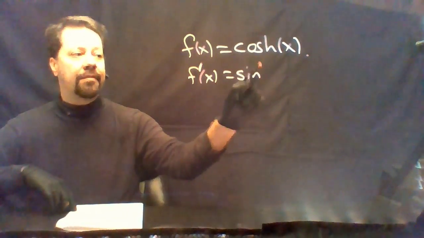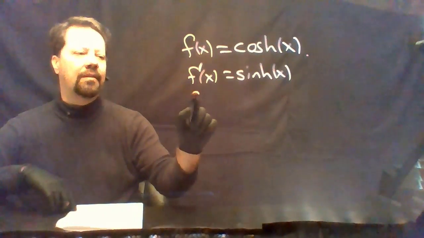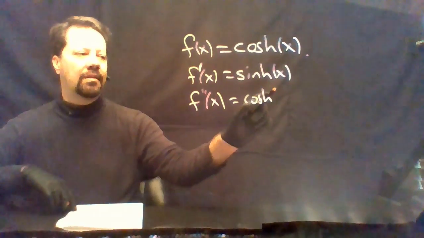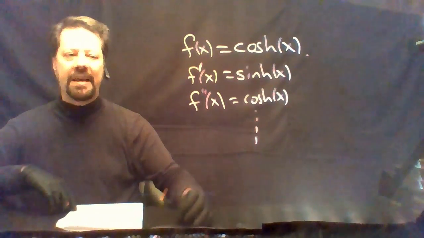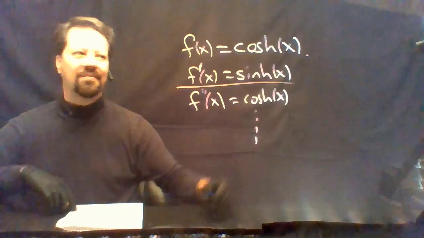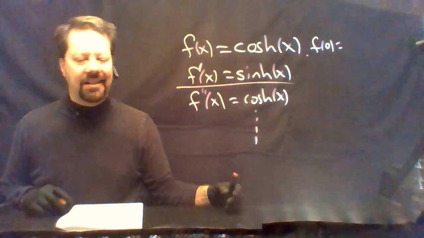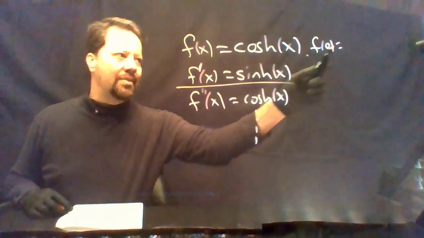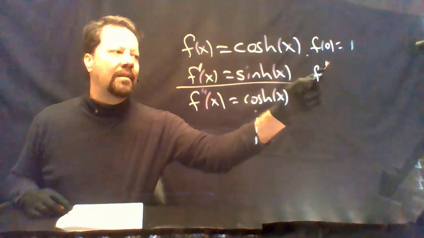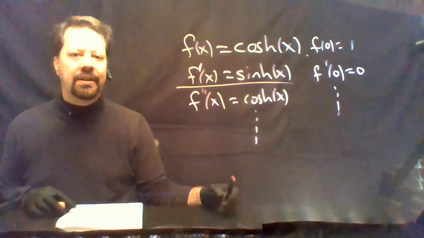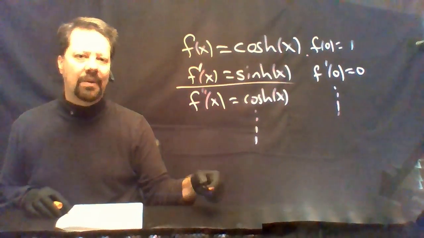The derivative of cosh is sinh, and the derivative of sinh is cosh, so these will repeat after the first two. Since it's a Maclaurin series, we evaluate everything inside at 0. The hyperbolic cosine at 0 is 1. The hyperbolic sine at 0 is 0. So the coefficients are going to alternate 1, 0, 1, 0, 1, 0.